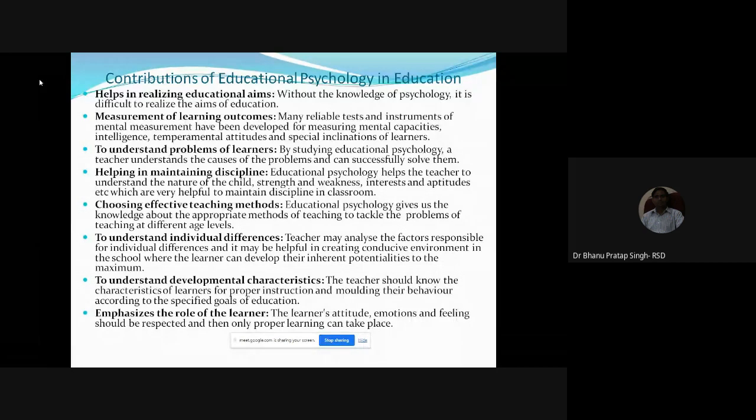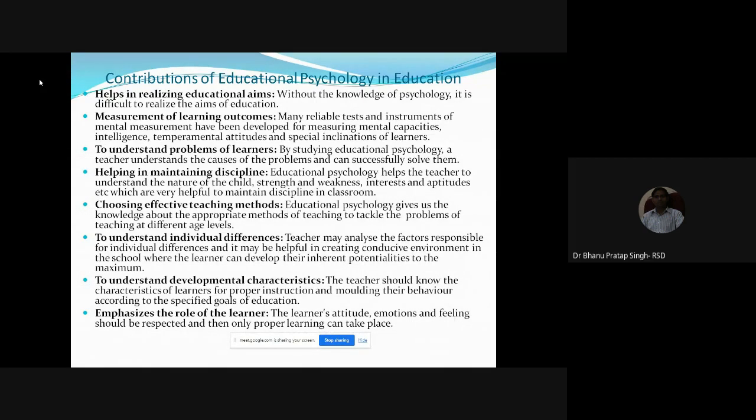So, as a teacher, as a principal, as an educator, as an administrator, educational psychology helps all to understand the nature of the child, what is the strength of the child, what is the weakness, what are the interests, what is the aptitude, and which helps to maintain discipline in the classroom, not only the classroom, even outside of the classroom.